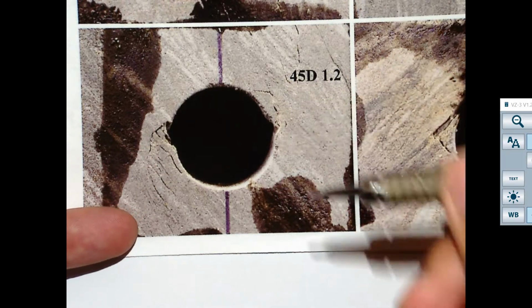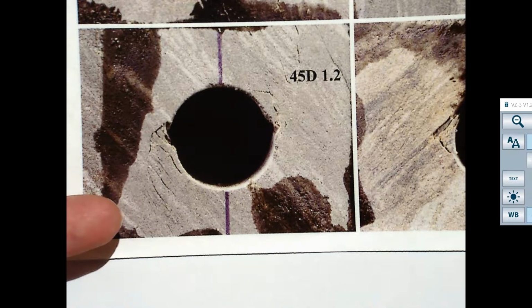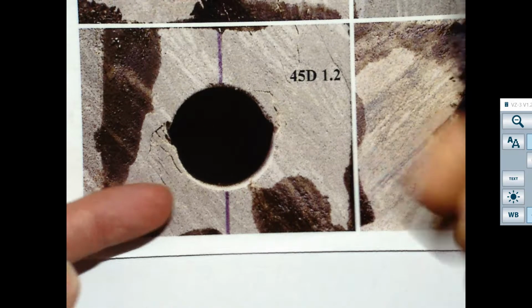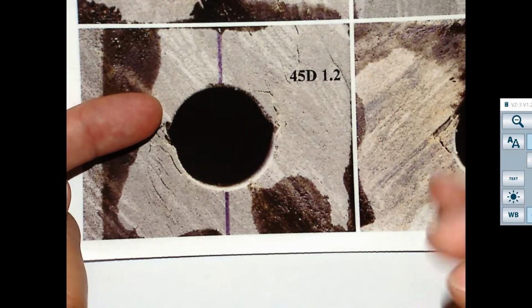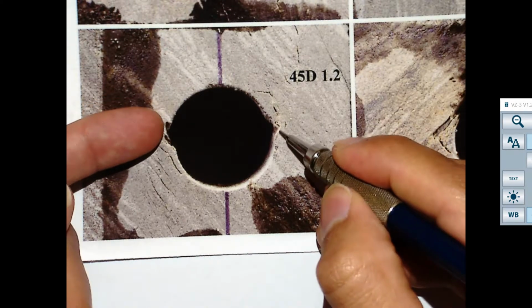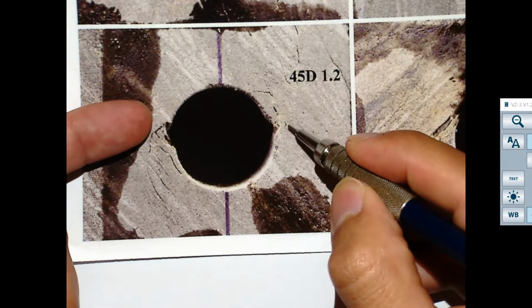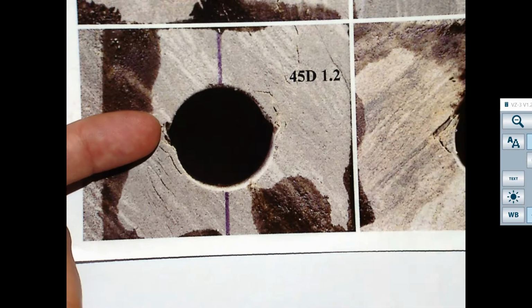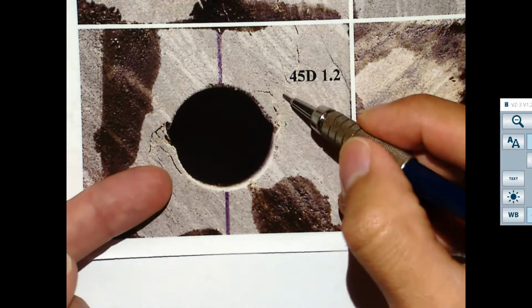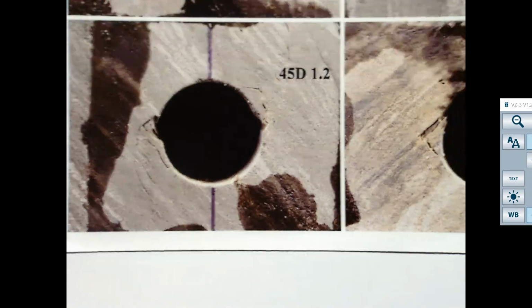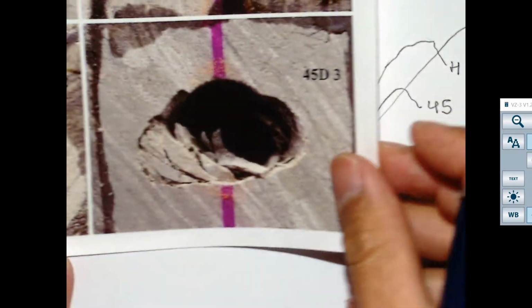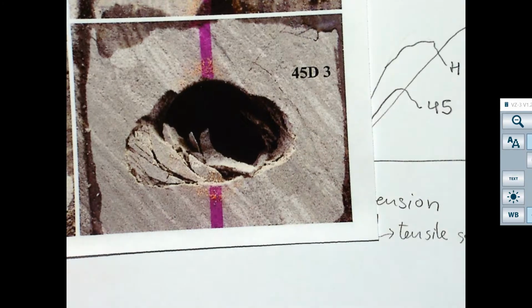Because of the strength anisotropy of the rock, it is easier to form breakouts here than there. If the rock were isotropic, you would find them there. Actually, the maximum stress is here, but the combination of stress and strength of the rock makes the breakouts more likely to happen in this direction. And here you have a more dramatic wellbore breakout.